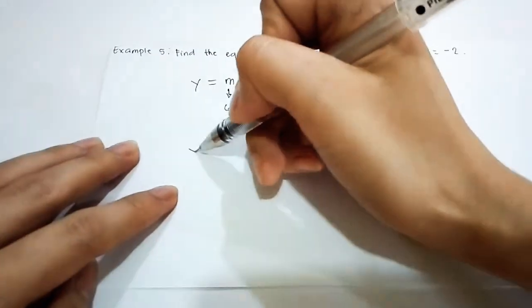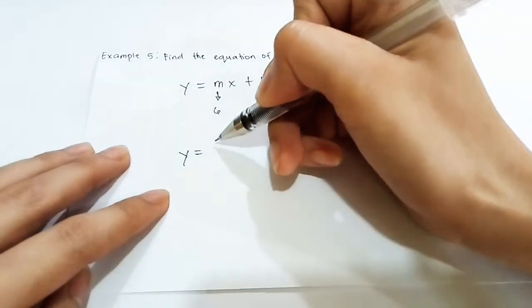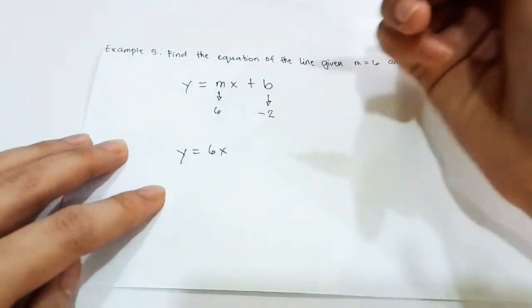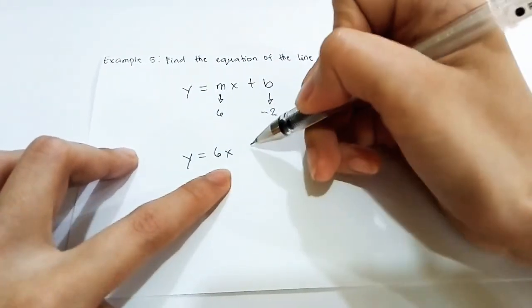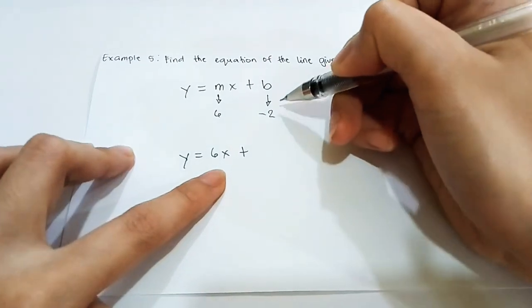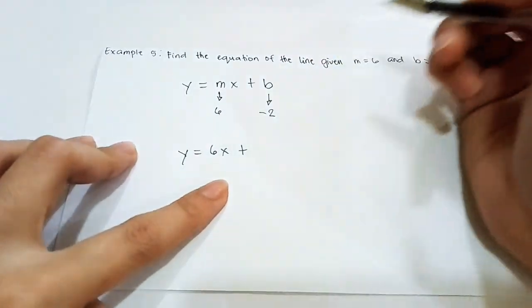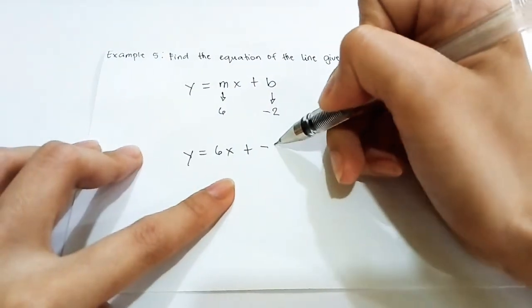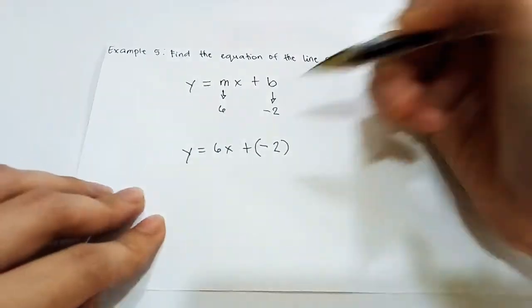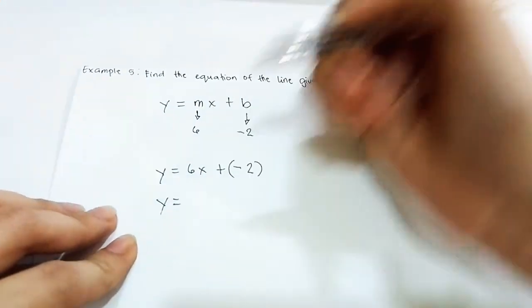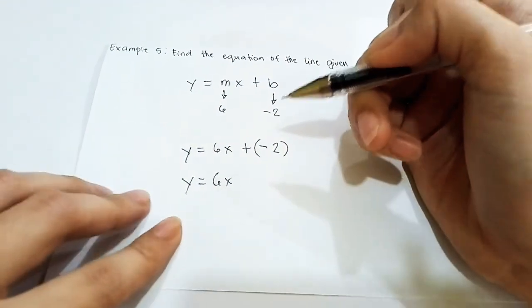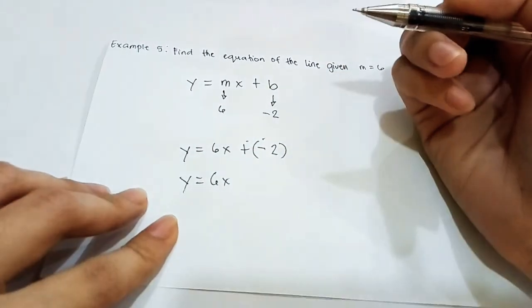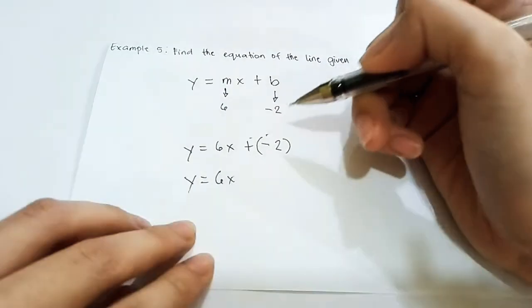So we have y equals 6x, so we're going to replace m with 6, plus, so the y-intercept b is negative 2, so plus negative 2. And then simplify, we have y equals 6x, positive and negative will become negative.